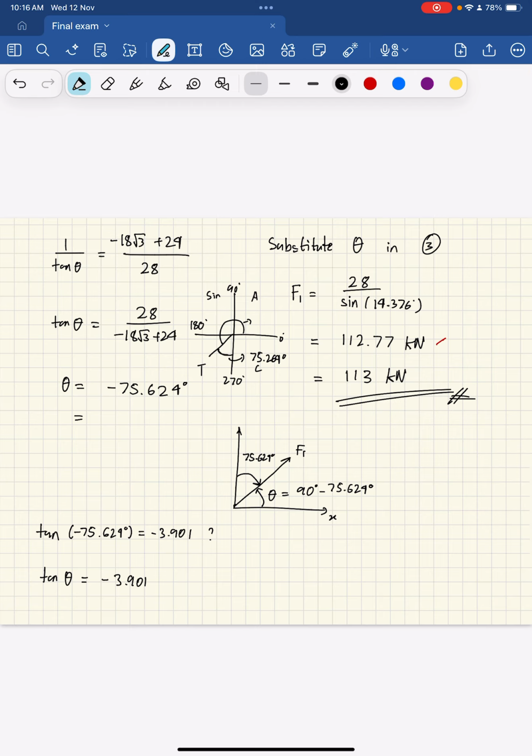Point 64, 104, 6 degrees. Okay, let me see.